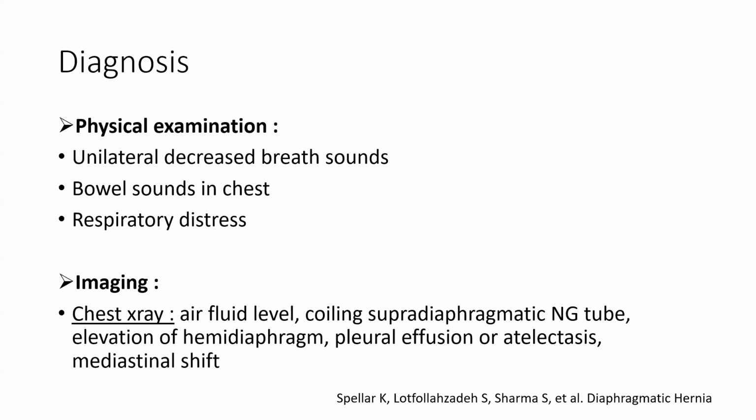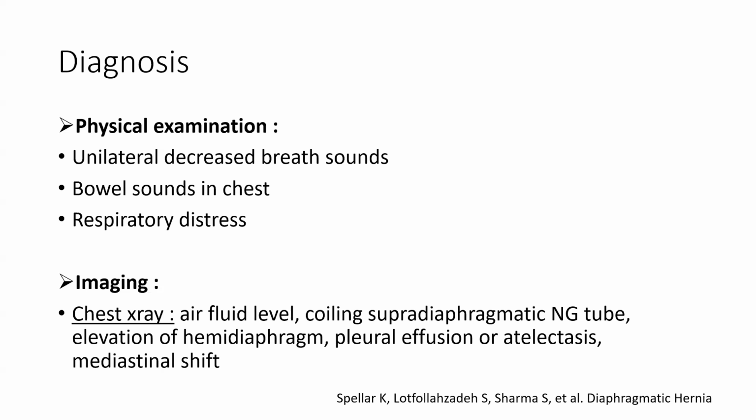Rest all, air fluid level, coiled NG tube, all these are your imagination. You should be really experienced to see that. Absent fundal gas shadow should raise the suspicion. When you see no fundal gas shadow on any X-ray, you should ask yourself, what's happening? Why am I not seeing the fundal gas shadow? That curiosity will let you do the actual diagnosis.